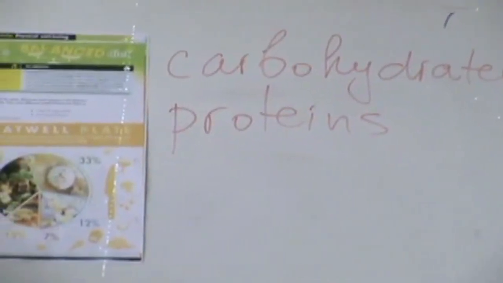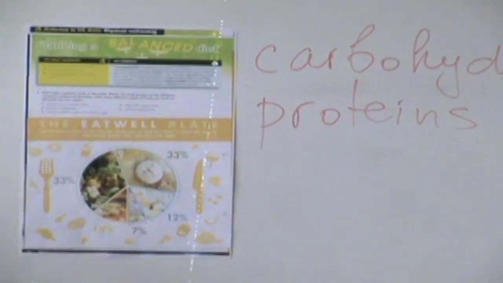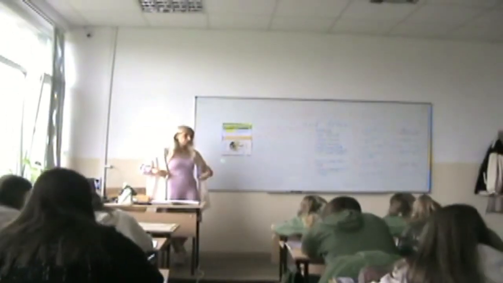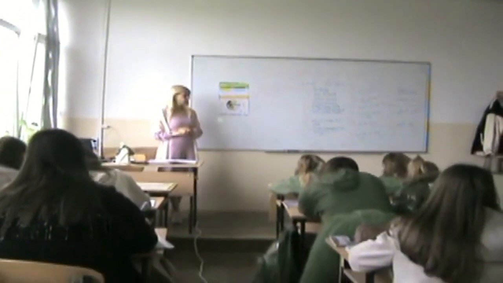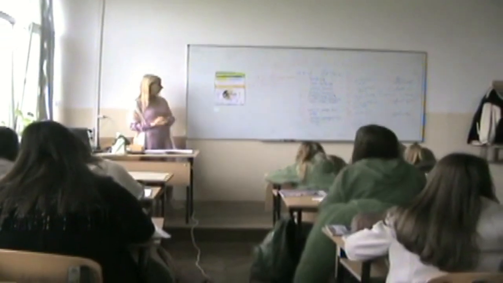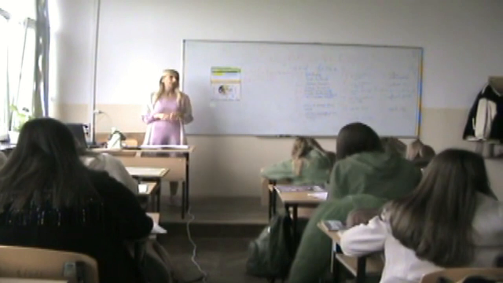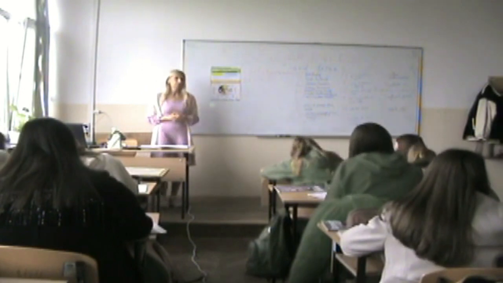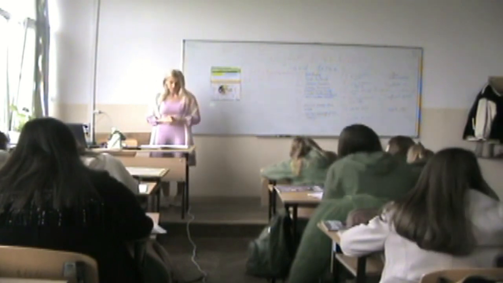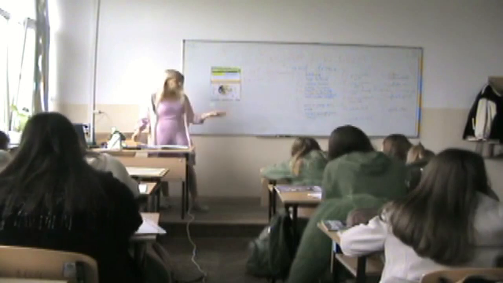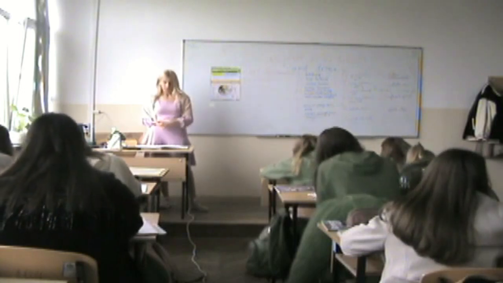Not only build, but also repair muscles. Very important for the hair, for the skin. Do you agree with the percentage? Yes. So they should be about 15% of our everyday diet, the so-called Eat Well plate.